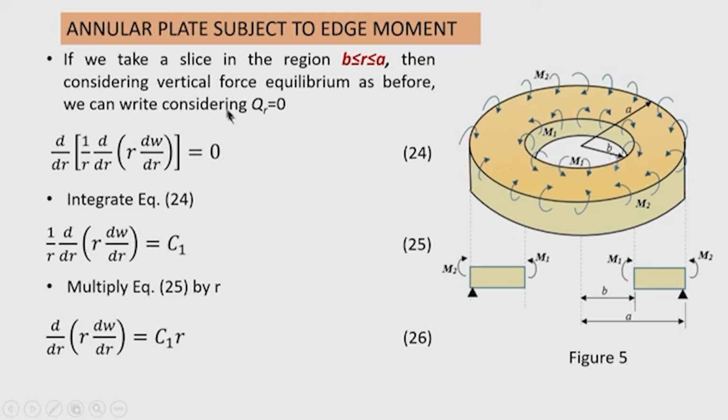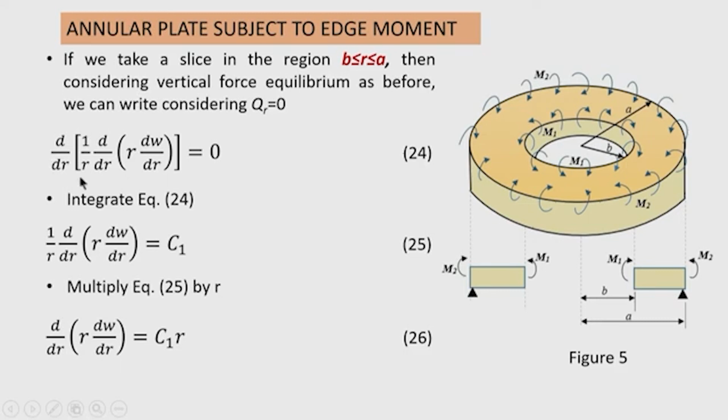Now, you can see that in the region r ranging from b to a, there is no distributed load. So, that means shearing force will be 0. Based on that we can write this equation: d by dr of 1 by r d by dr of (r dw by dr) equal to 0.